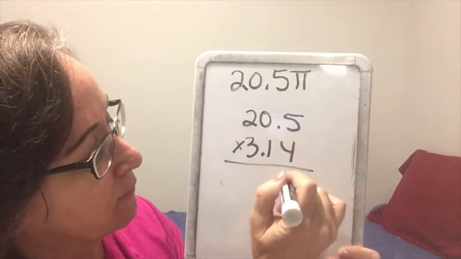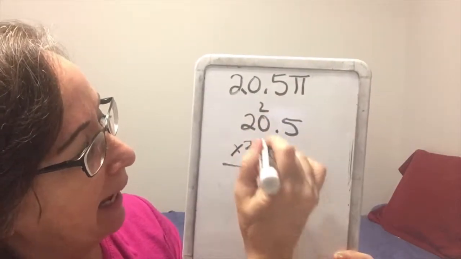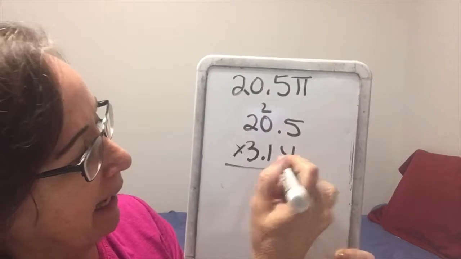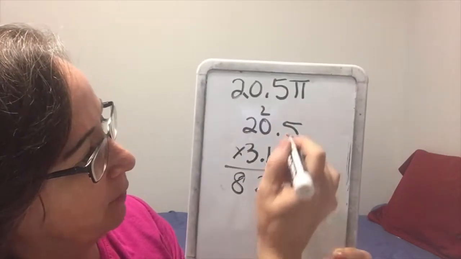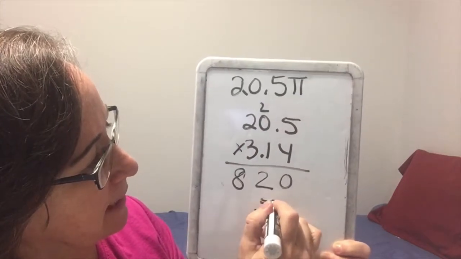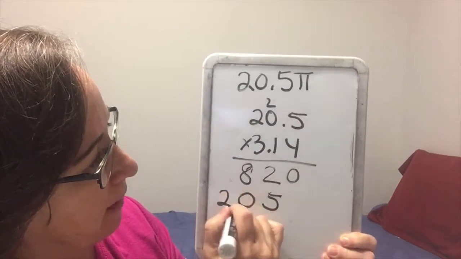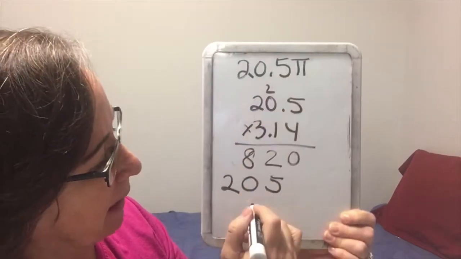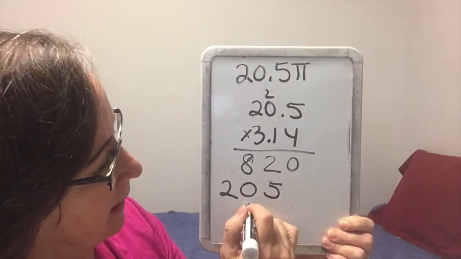All right, so 5 times 4 is 20, and then I get 0 plus 2, and I get 8, and then I move down to the next one. So 5 times 1 is 5, and since it's times 1, can't I just copy it across and save myself some time? And then 5 times 3, I move down one more time, is 15.